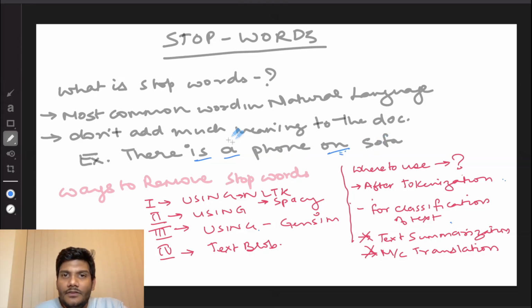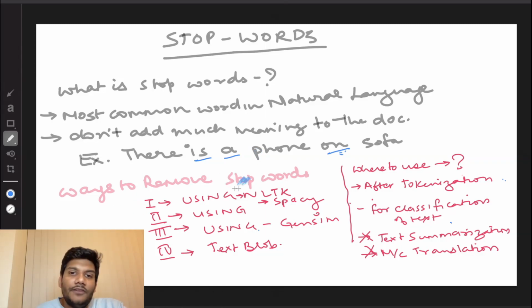And with the stop word removal technique, we can get rid of these words. The main benefit we will achieve is that there will be a good classification of the main words, and apart from that, we are reducing the size of data that we are processing. So the processing time will be reduced, which is a very important factor.